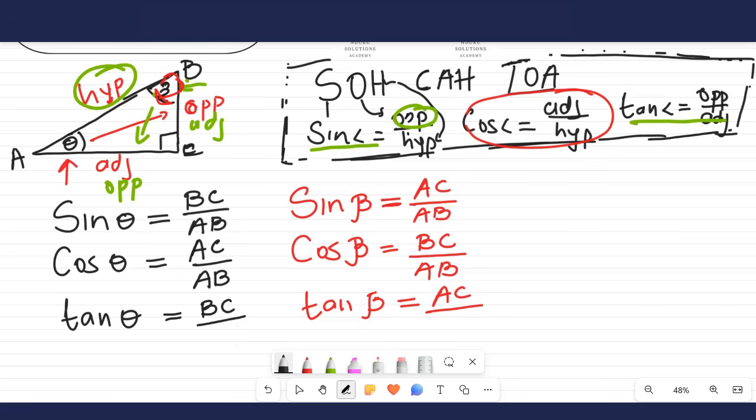The hypotenuse was AB, please correct that. And then on the other side, we have AC as the opposite side, and the adjacent side is BC.